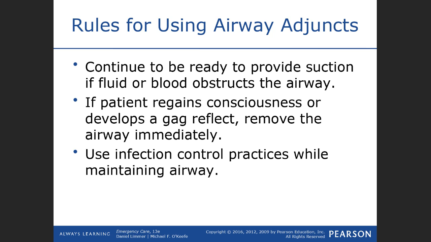Now, once your patient starts to gag on the airway or regain consciousness, as long as it is appropriate, turn the patient's head to the side or turn the patient as a unit. If you are not able to turn that patient's head to the side or turn the patient as a unit, suction the airway first before pulling the adjunct out. So suction while pulling out of the patient's airway.